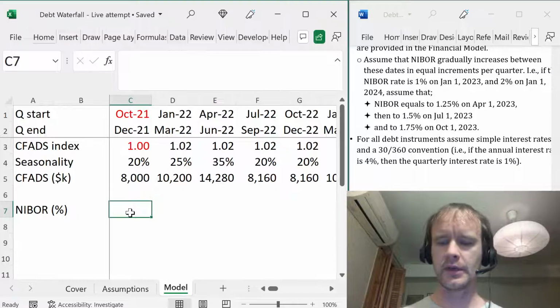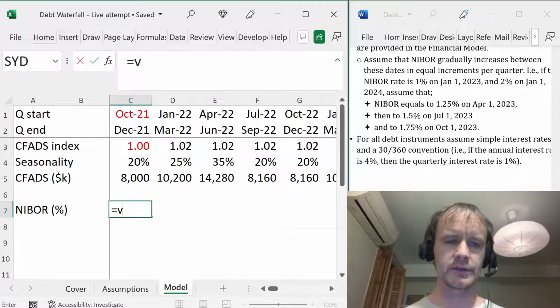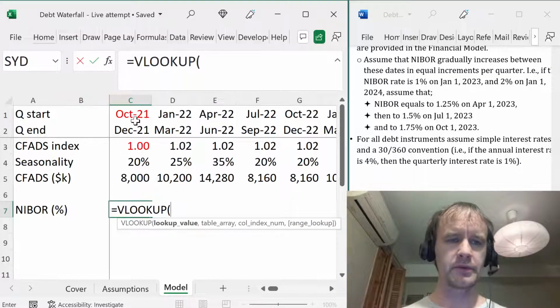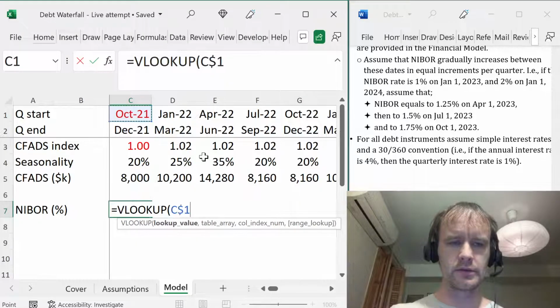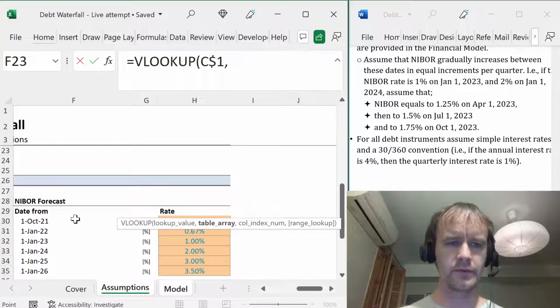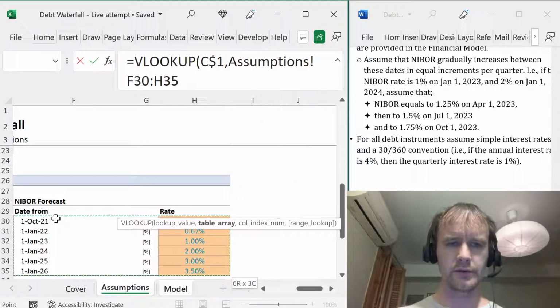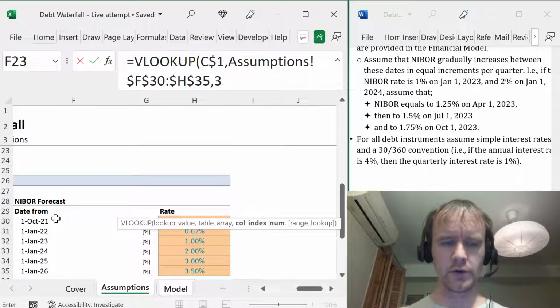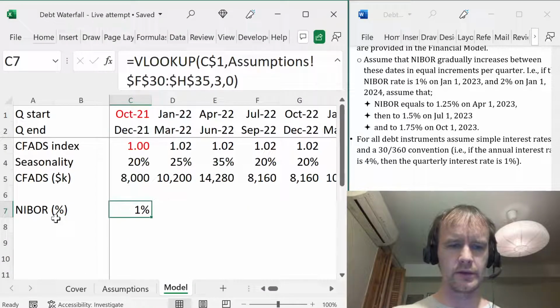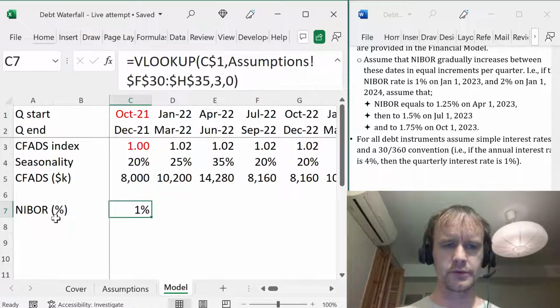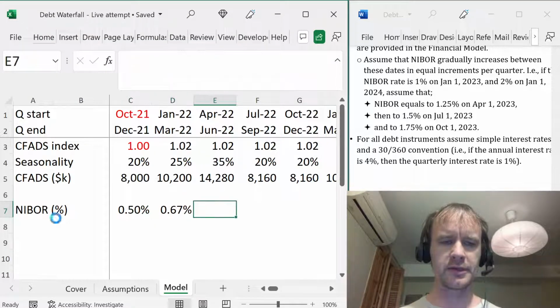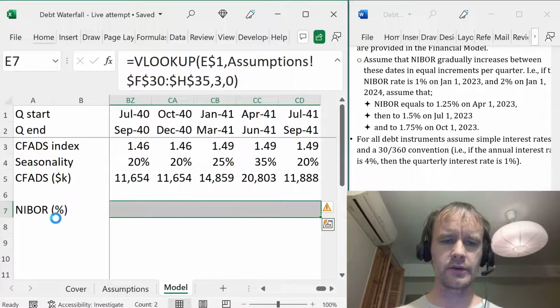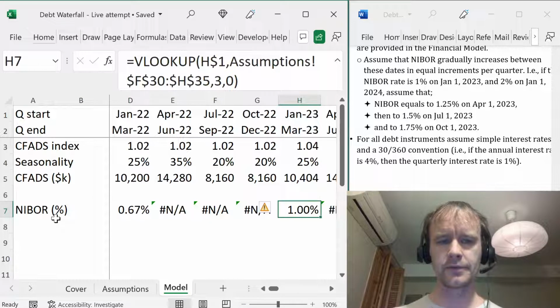First thing we could do is a straight VLOOKUP on that into here, and this is mostly just to show you what's going to go wrong. You pull that in, and in the first quarter you get that, second quarter you get that as you expect, but then after that you've got an exact match, so it's mostly errors.